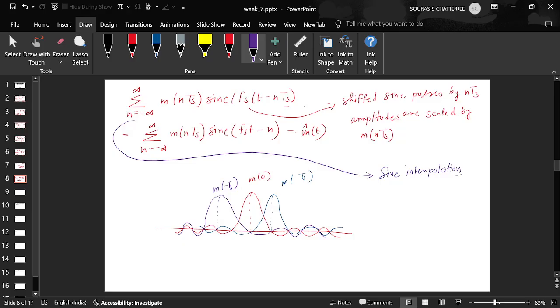You are using a number of sinc functions to actually interpolate the original message signal. So your interpolation filter is a sinc filter only.